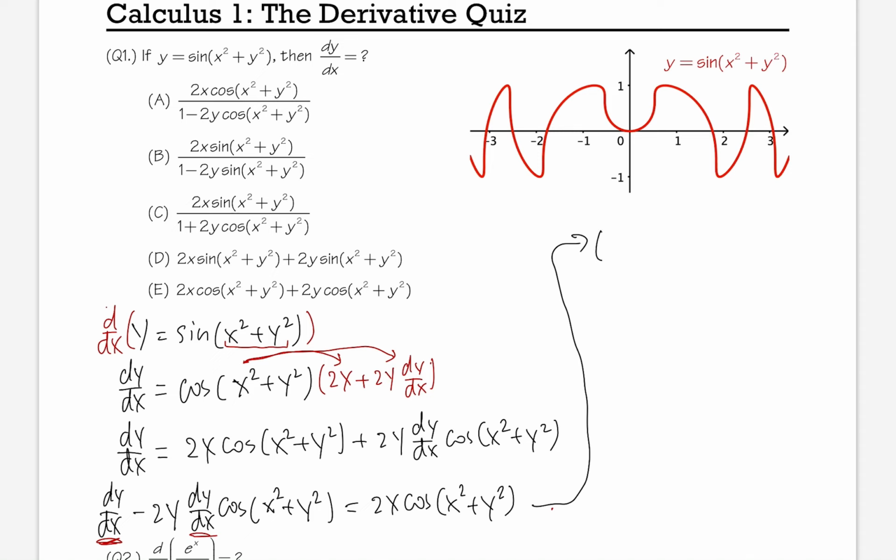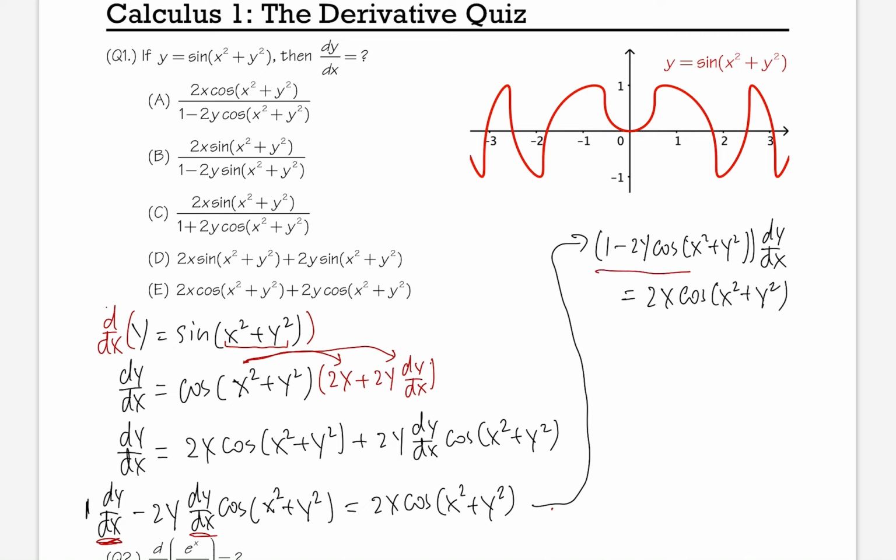I will open the parentheses. Here is technically a 1, so we have 1 minus the rest, right? So just 2y cosine of x squared plus y squared, and then we have that times dy/dx. So this is on the left hand side, and that's equal to the right hand side, which is 2x cosine of x squared plus y squared.